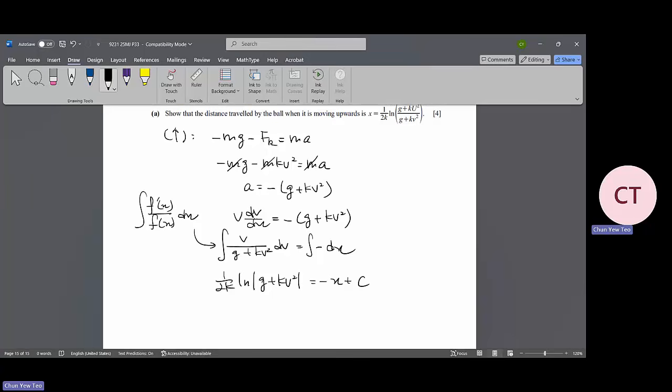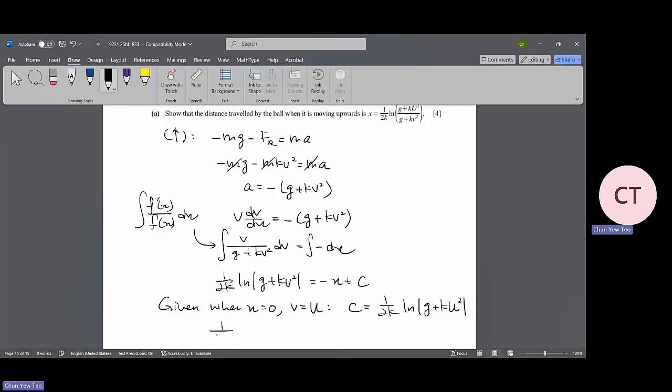Okay, so given that at the beginning, the speed is u, you have c is equal to 1 over 2k ln g plus ku squared. Okay, so this is the constant c, and we replace the constant back over here. Then we can find the x.